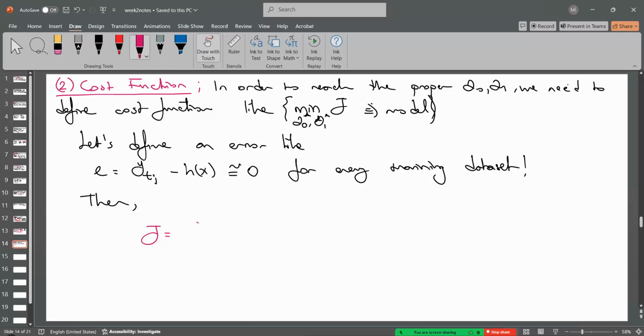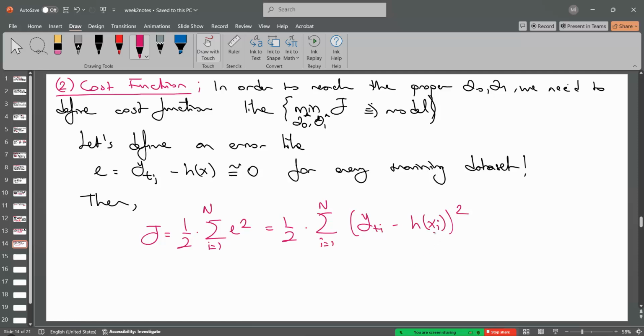J is our cost function. This is equal to 1 divided by 2, the summation from i = 1 to n of e squared, which is equal to 1 divided by 2, the summation from i = 1 to n of (y_training_i − h(x_i)) squared.